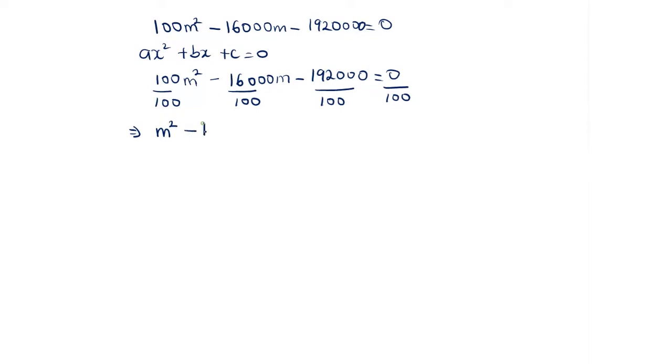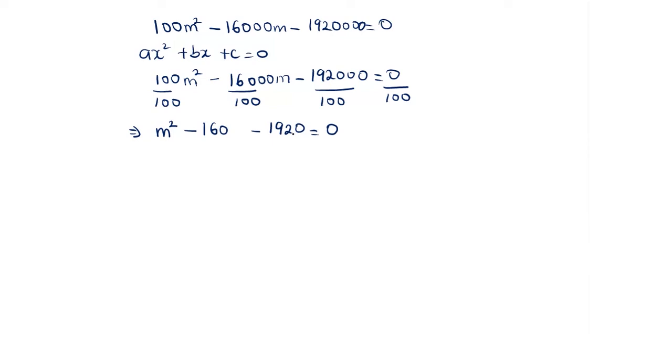The simplified form will give us M squared minus 160M minus 1,920 equal to 0. Then let's look for the factors of 1,920.